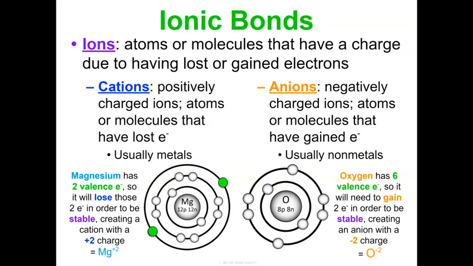So now there's several vocabulary words that you're going to have to know in this unit. And the 2 that are really important this week are cations and anions. And cations are positively charged ions. And they're positively charged because they lost an electron.